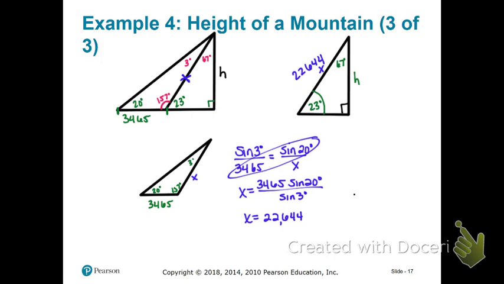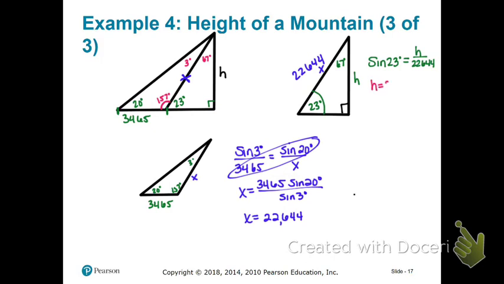What is the h? Opposite. So which one is opposite over hypotenuse? Sine. So we could say here that sine of our angle equals opposite over hypotenuse. And then just multiply by the denominator, right?